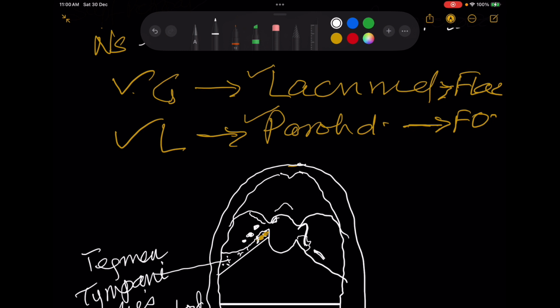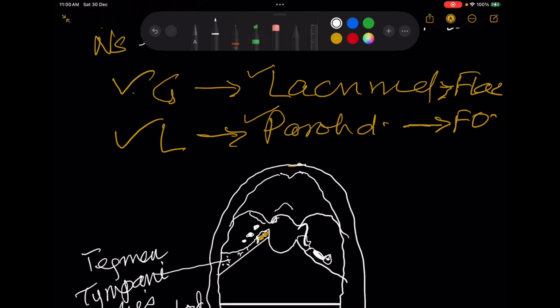And here it is traveling in the petrous temporal bone, and here it is entering through the internal carotid foramen. Now here, if this petrous temporal bone is involved in osteomyelitis, then this artery will pulsate into the middle cranial fossa.